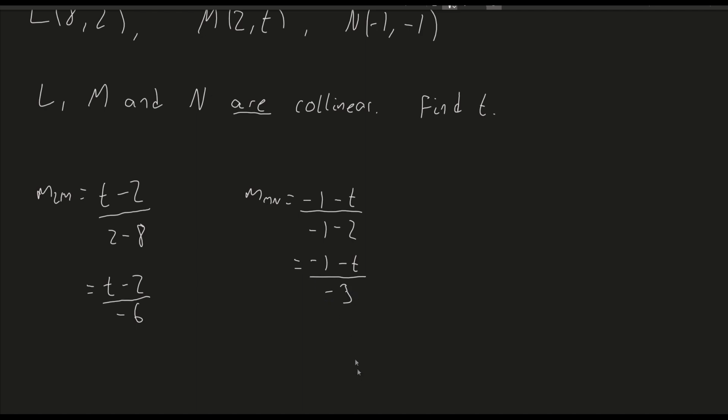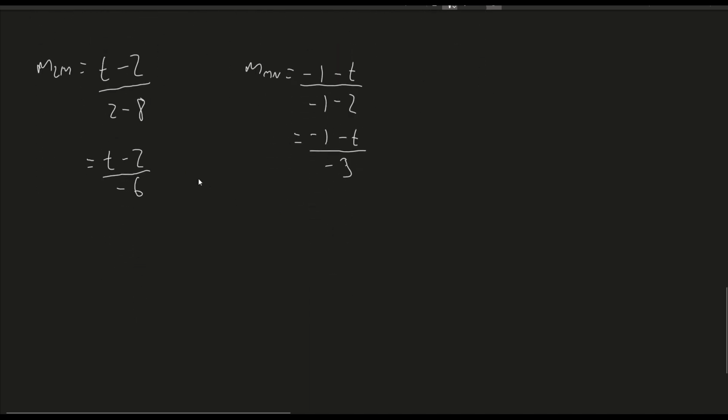Okay. And then again, by definition of collinearity, we are being told that this gradient here, LM, and this gradient here, MN, are equivalent to each other. So we can use that to our advantage by saying, right, well, if this is equivalent to this, so this gradient, by definition of collinearity, because again we're told they're collinear, are equal, then so must these things be.